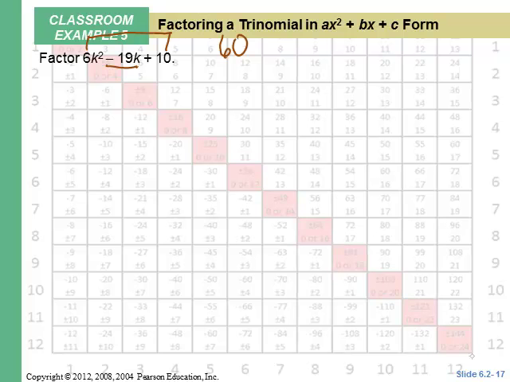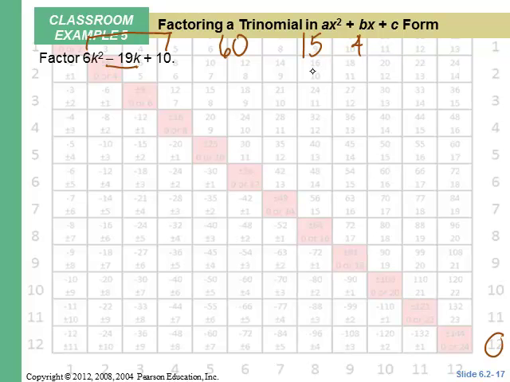4 and 15. Oh, that's why it's not on this chart. It's a little bit farther down. So this chart doesn't help us with all of them. Sometimes we have to come up with them on our own. What two numbers multiplied equals 60 and added equal 19? 15 and 4. Notice our chart only goes down to 12. So this chart won't help us with everything, will it?